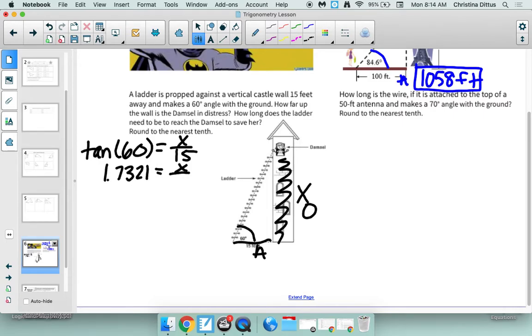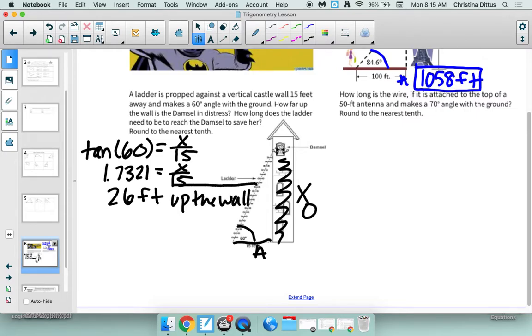My calculator is in degrees, and I got radical. You gotta hit the STD button. 1.7321. Perfect. How am I getting x by itself? Multiply by 15. Round to the nearest whole number. How far up the wall? 26 feet up the wall.